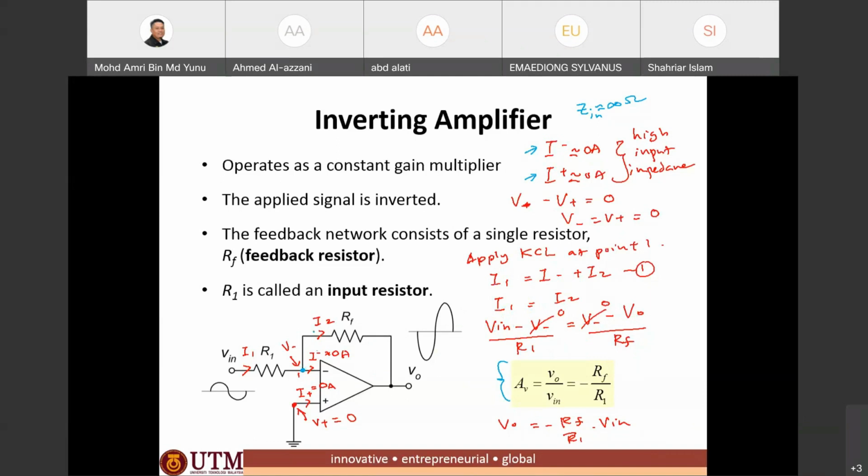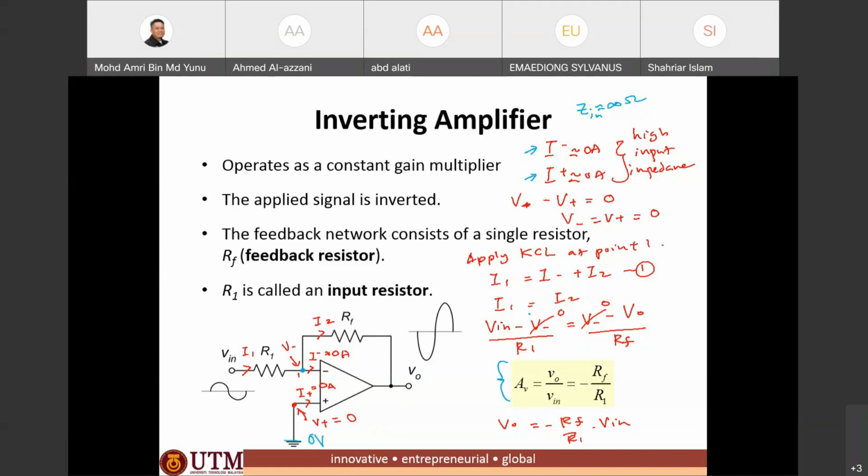We apply the Kirchhoff voltage rule, and V minus is equivalent to V plus, the potential at the non-inverting input. And then we see here the non-inverting input is connected to the ground, or 0 volt potential.